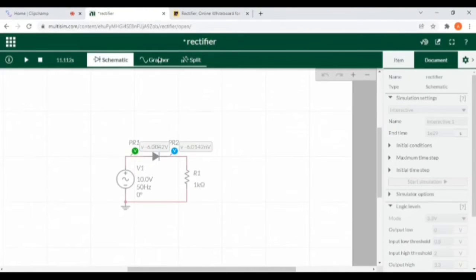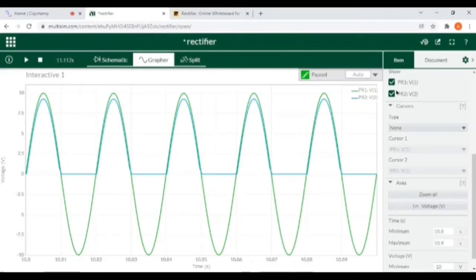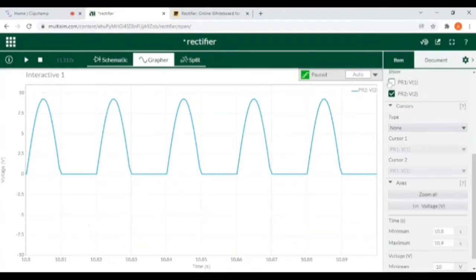So we need to add a capacitor to remove these pulses. Like we have got these pulses of DC voltage and its peak value is 9.27 volt.